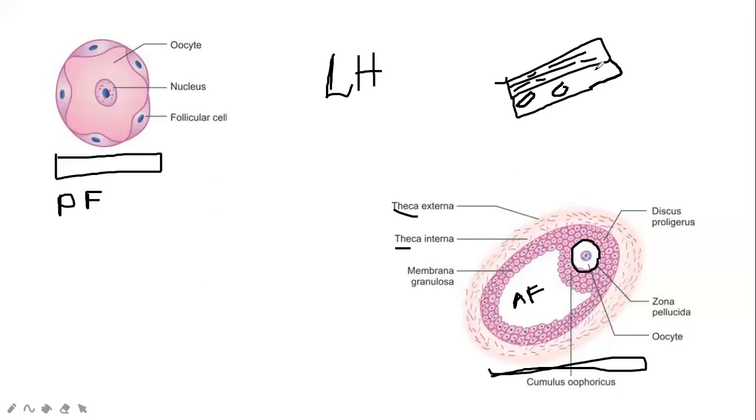If a question asks which of these theca layers produces hormones, you now know it's the theca interna. The theca externa, which is fibrous, has protective functions, and the cellular one is the one that produces hormones.